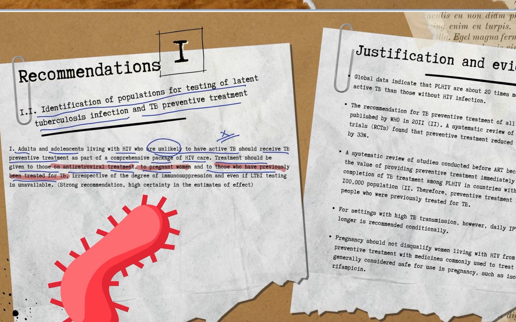Irrespective of the degree of immunosuppression and even if latent TB testing is unavailable, this is a very strong recommendation, with high certainty in the estimates of effect. So for adults or adolescents living with HIV, even in those countries in which testing for latent TB is not easily available, you can offer the patient treatment.